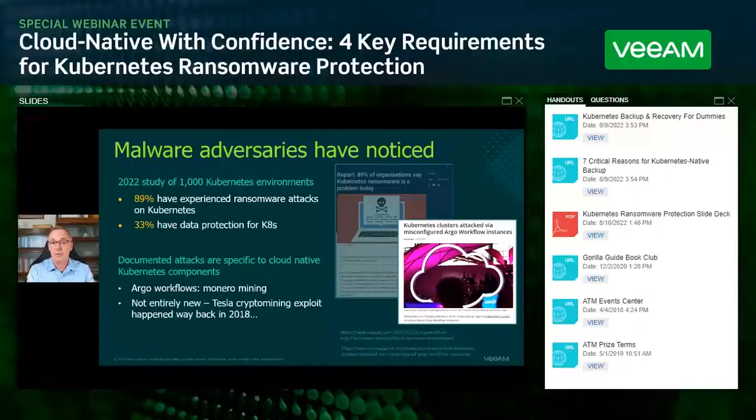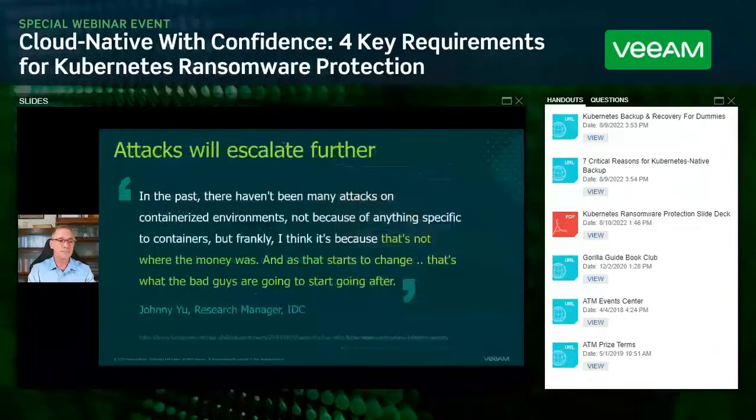And as we've talked about, because of the growth, both already and in the future, of Kubernetes in production environments, attacks are going to escalate further. This is a quote from industry analyst Johnny Yu. Johnny Yu is a research manager at IDC, which is one of the largest global industry analyst firms. His quote kind of speaks for itself.